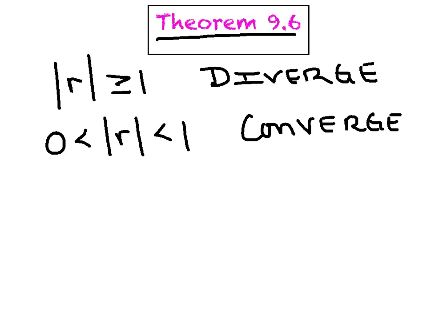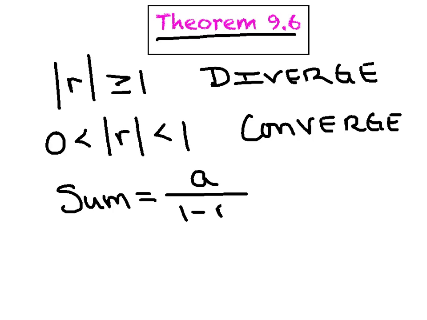Unfortunately, the bad news is, and I hope not to burst your bubble too much here, there's a lot of series down the road where we'll be able to decide whether it converges or not, but even when we say it converges, we won't actually know what it converges to. So this is very special to geometric. If it converges, then the sum will always be A divided by 1 minus R.